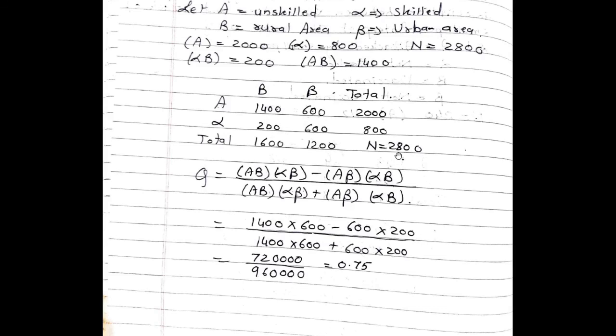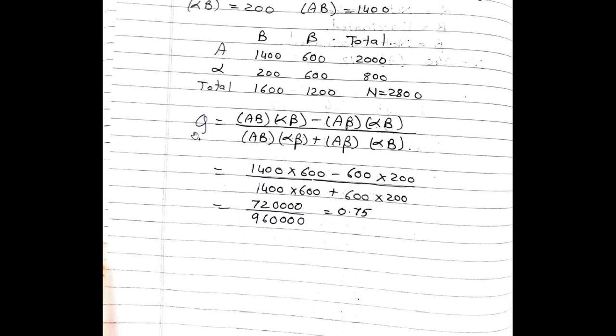Then one more frequency is given to us, alpha B. Alpha B is nothing but 200. So 1400 plus 200 is nothing but 1600. 2800 minus 1600 will give you 1200. 1200 minus 600 will give you 600.